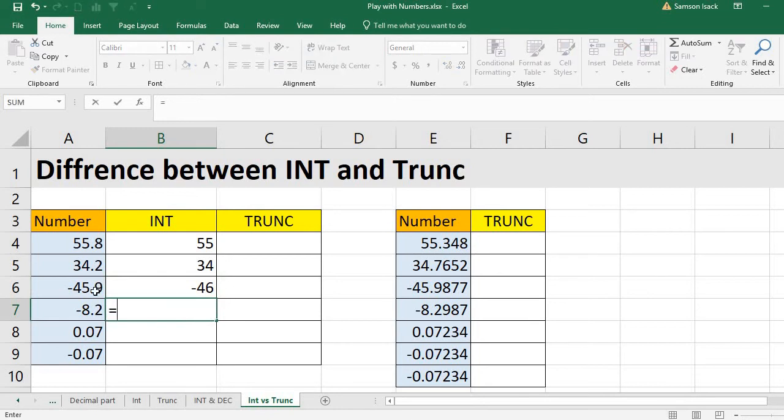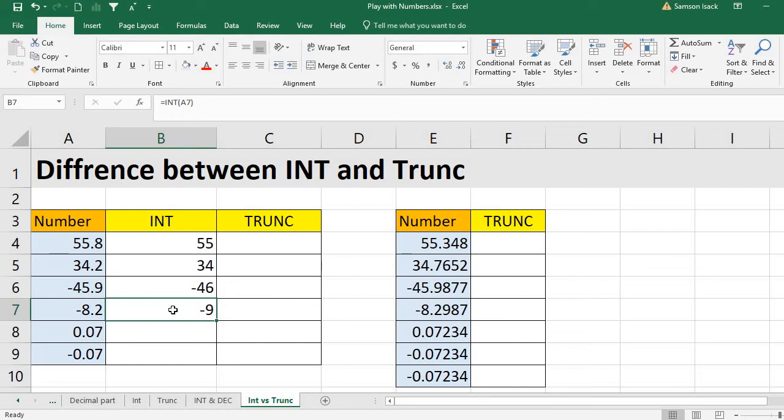Irrespective of whether the decimal part is greater than 0.5 or not, it does the same. It's not rounding off anything for more than 5. It goes to the nearest integer down, so minus 8.2 is minus 9.